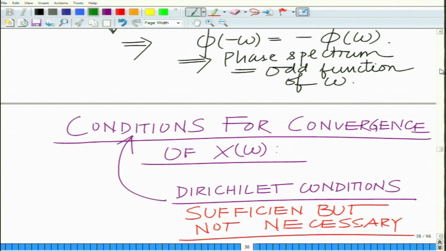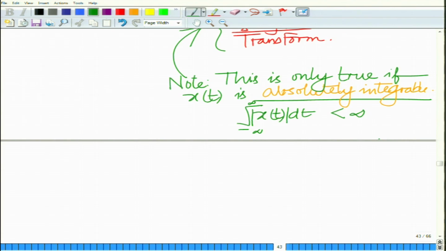Okay, only if the signal is absolutely integrable.